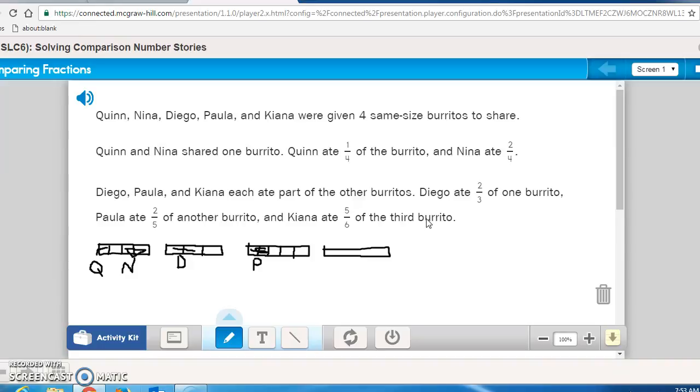Or did they eat the same amount, and how did you know? So I need an explanation there. Then it says write a number model using the symbols greater than, equal to, or less than to record the comparison. You need to stop the tape now, finish page 83, and bring it back to me when you've completed it.